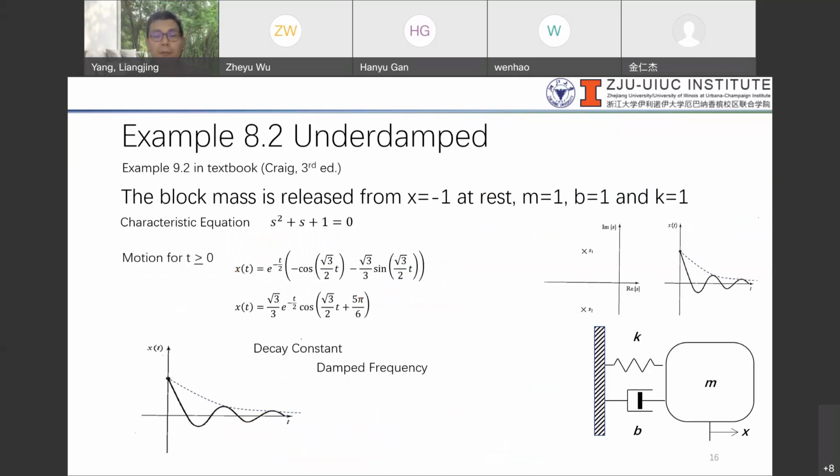And so if we look at the situation of under damped, you will see that it is actually going to be oscillating. There will be an oscillating component, and at the same time, it will also decay. So this is kind of like your exponential component.